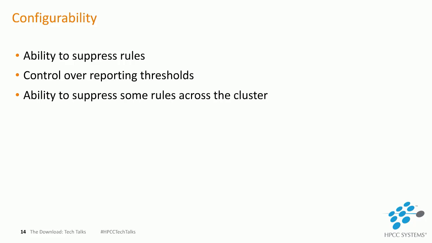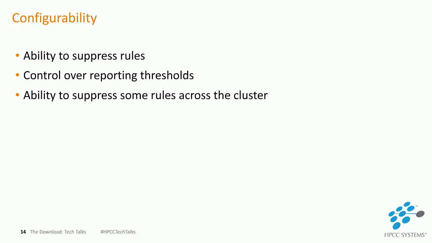Configurability is an area that we need to work on as well. Ability to express rules. So there may be issues reported by the analyzer that have been examined by the developer and have been determined as being not a problem or not worth fixing. So we don't want those same issues to be reported again and again.